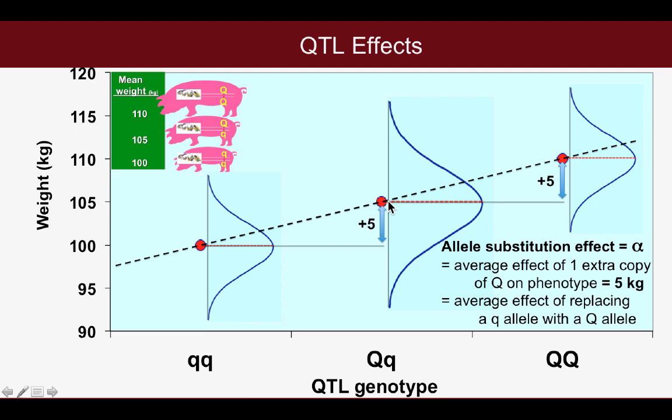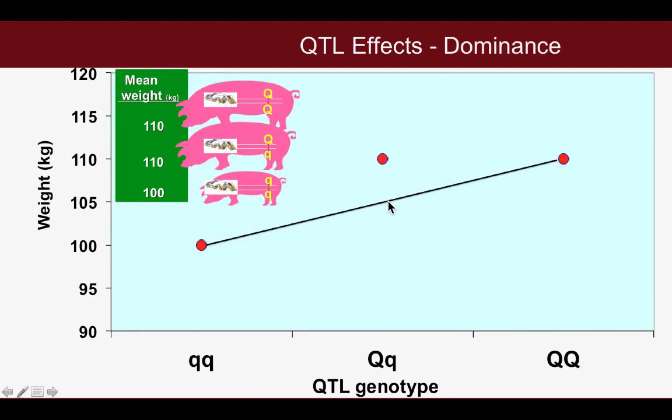This is, however, not the rule for all QTL. For example, it could be that the heterozygous individuals have the same average weight as the homozygous big Q individuals. In this case, this QTL shows complete dominance, with the dominance effect being equal to +5 in this example.